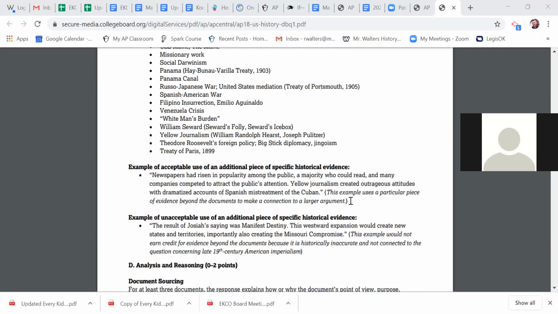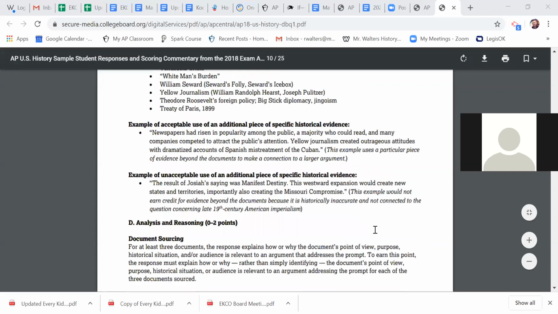They added in yellow journalism. So that was something they added in there, and notice they tied it all back. They said yellow journalism created outrageous attitudes with dramatized accounts. So they explained, okay, here's what yellow journalism is, and by the way, it contributed to this because it made people think the Spanish were treating the Cubans worse than they really were. So again, that's a great piece of outside evidence.